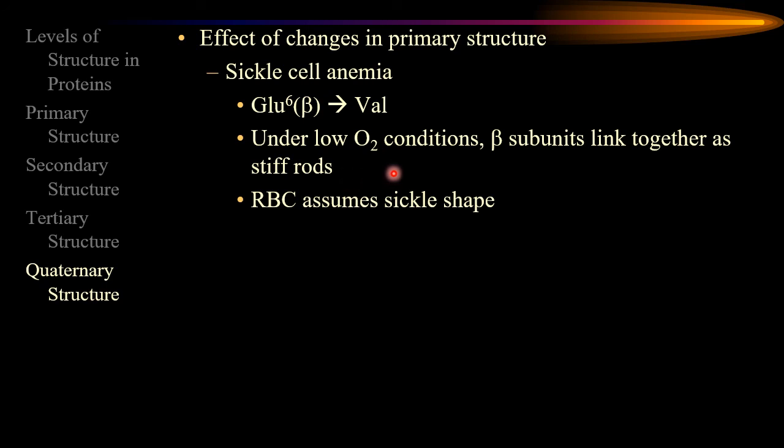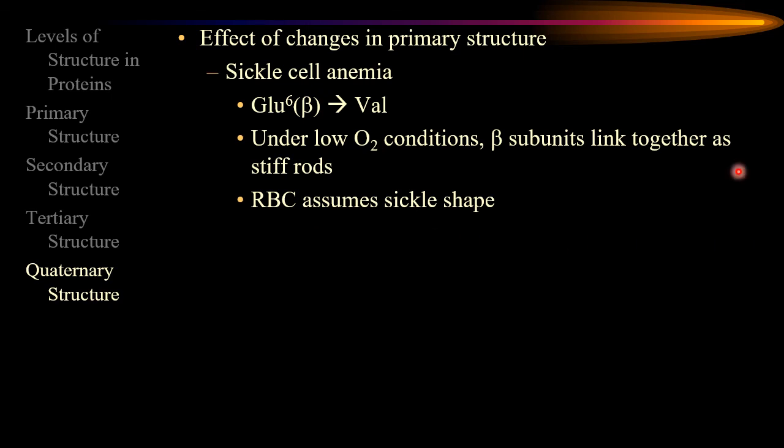And it's enough such that even the whole red blood cell now assumes a sickle shape. Amazing, right? You just have one type of molecule in the cell changing the shape of the whole cell.